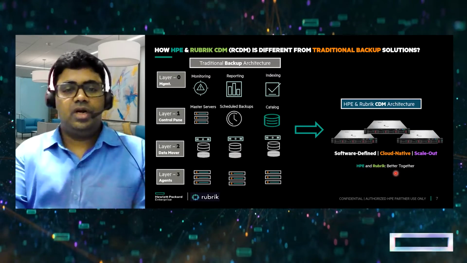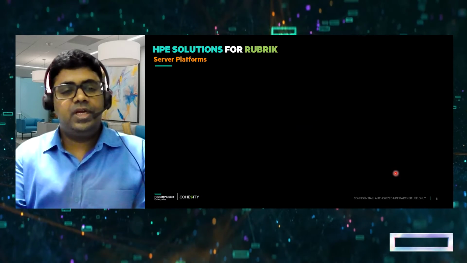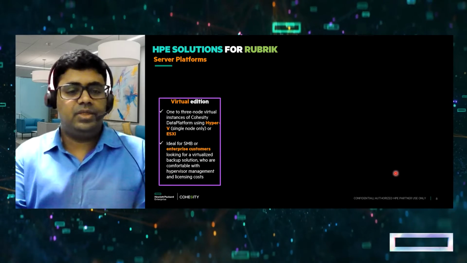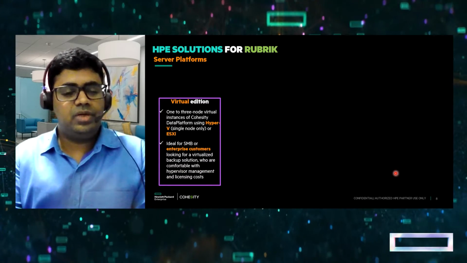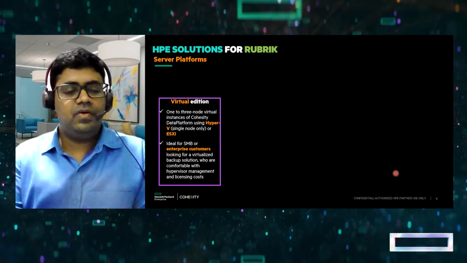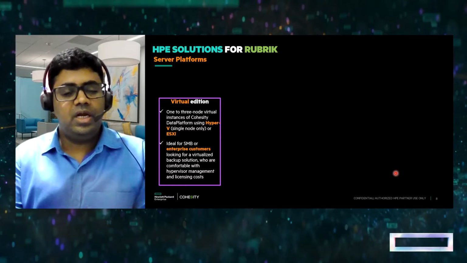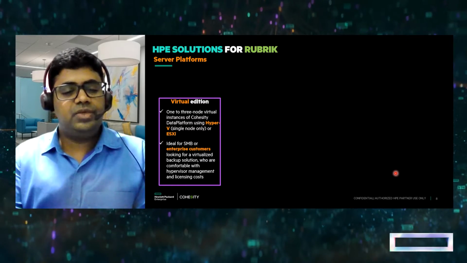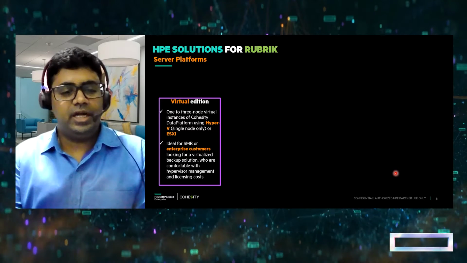Okay, so now we'll talk about HPE solutions specifically for Rubrik server platforms. And normally, as I mentioned, there are multiple options. You can run the software directly on a physical server, or you can run a virtual edition. Normally, for the virtual edition the minimum requirement is 1, and the recommended best practice is to configure 3-node virtual instances of Cohesity data platform.